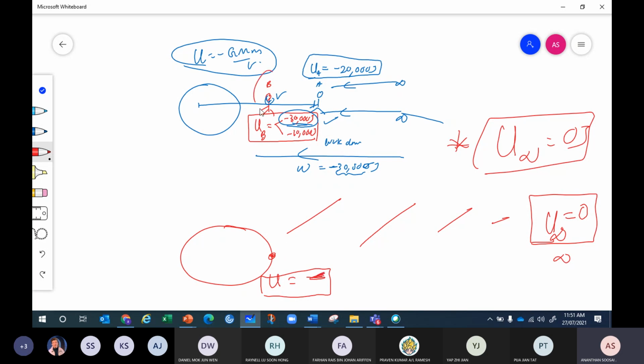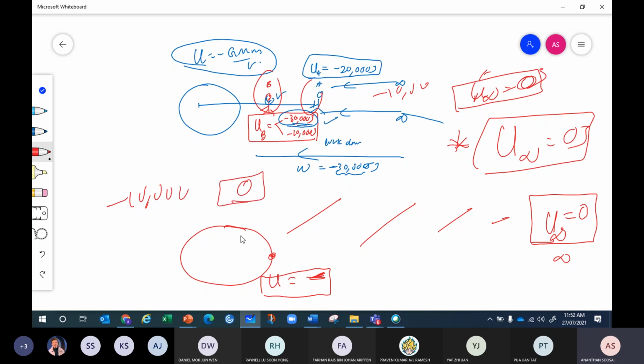Like you see, B is negative 30,000, A is negative 20,000. When you go further away from the Earth, you get negative 10,000. You go to infinity, your potential energy becomes zero. So the maximum potential energy you can attain is zero joule. Is negative 10,000 bigger or zero? Zero is greater in terms of value. So this is the new idea now.